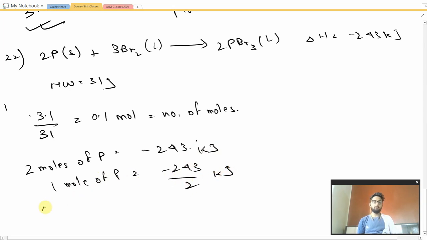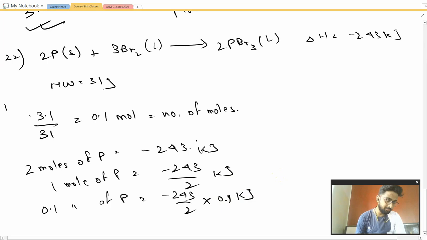Therefore 0.1 mole of phosphorus will be equal to minus 243 divided by 2 into 0.1 kilojoule. Let me calculate the value. This value comes to be minus 12.15 kilojoule.